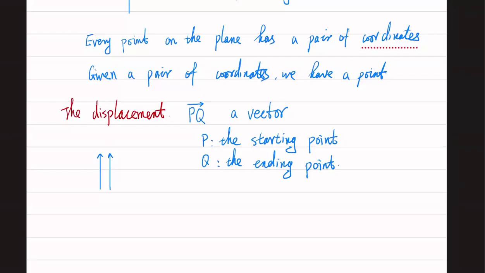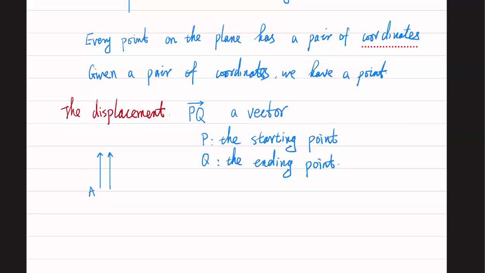A vector has a starting and ending point. So these two vectors, from A to B and from C to D, have different starting and ending points.